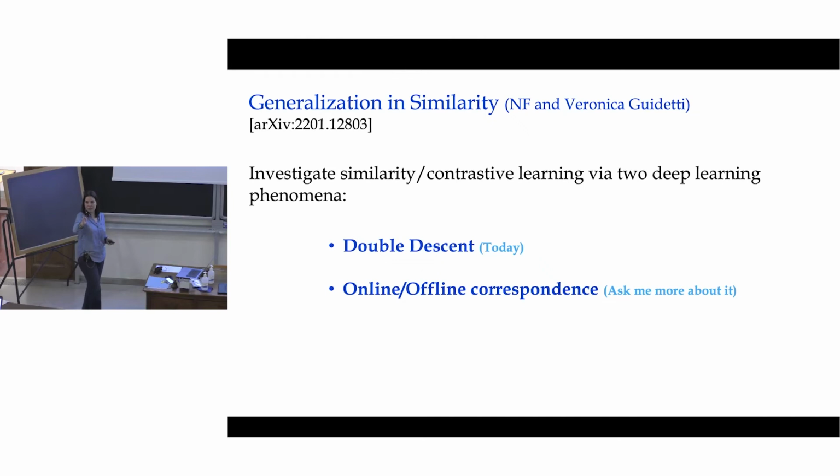In this case, you compare exactly the same number of optimizer updates. In classification this seems to be valid, but it breaks down for contrastive learning, is what we observe. But I don't think I have time for this. We can discuss it later today, but I'm going to talk about double descent in the context of contrastive learning.